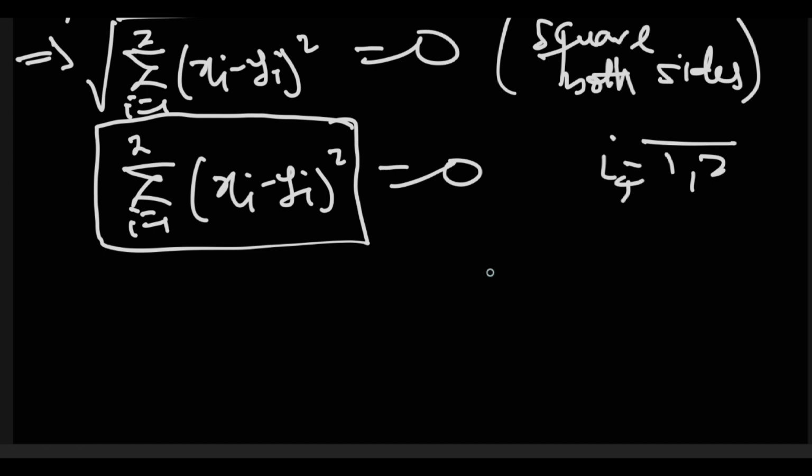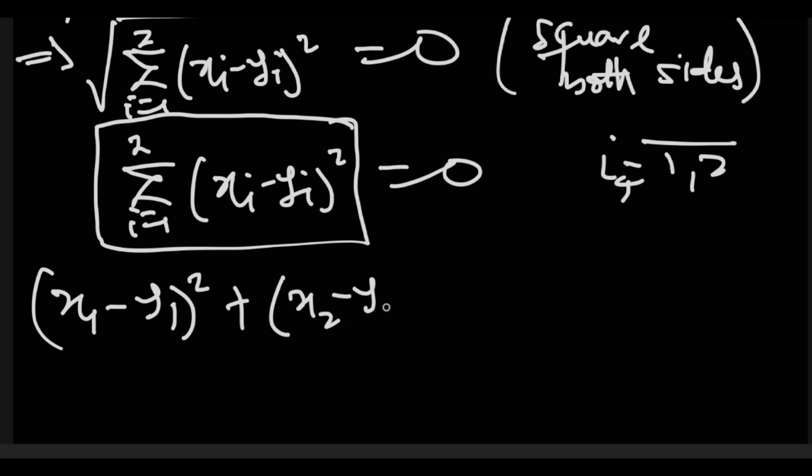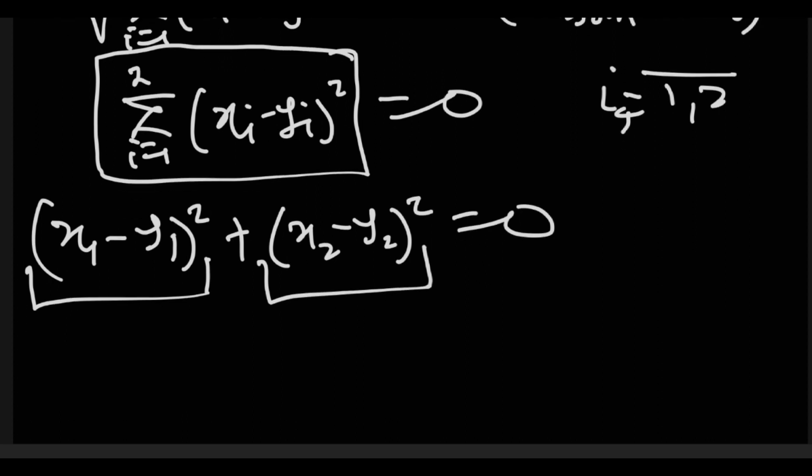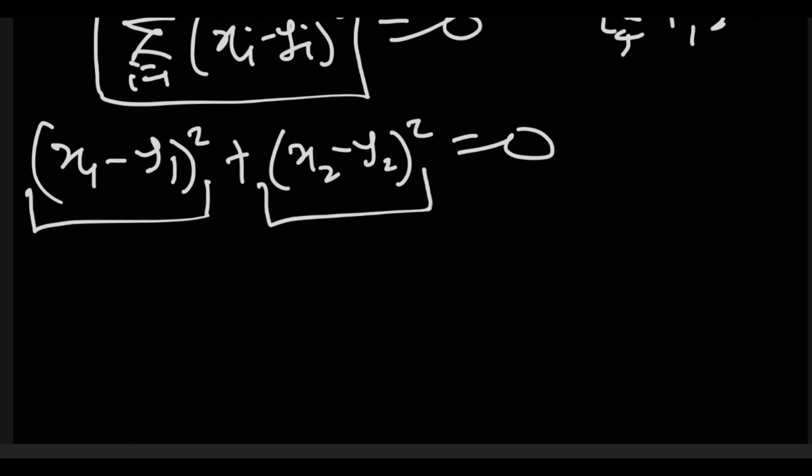You can write it this way: (x1 minus y1) squared plus (x2 minus y2) squared. When can this actually be 0? That is when each of these is 0. Both of these must be 0 to have 0 as the output.